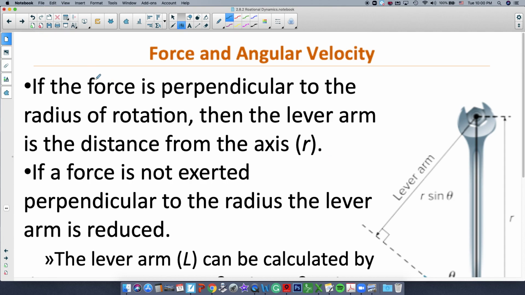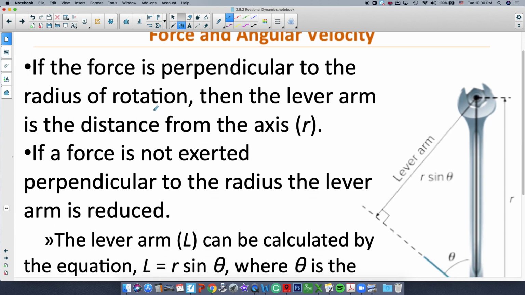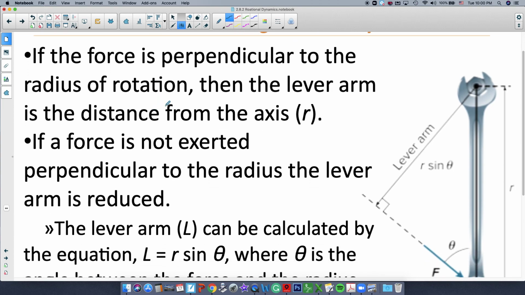So here's some general information: a lot of the time torque is talked about in mechanics. We have a crescent wrench here, and it has all this wonderful math next to it. Okay, so this is our equation for torque.